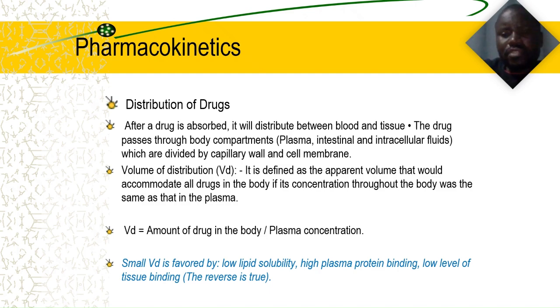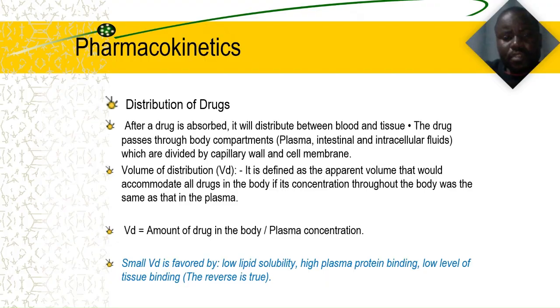So extravascular drug escape, or plasma drug loss, is the movement of the drug from plasma into the various tissue and fluid compartments, like interstitial fluid, intracellular fluid, as well as transcellular fluid.